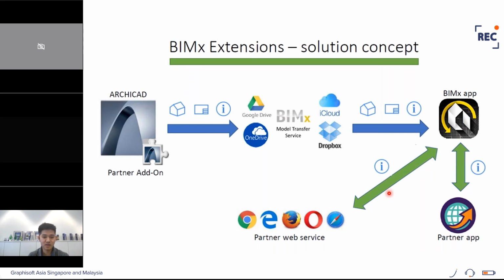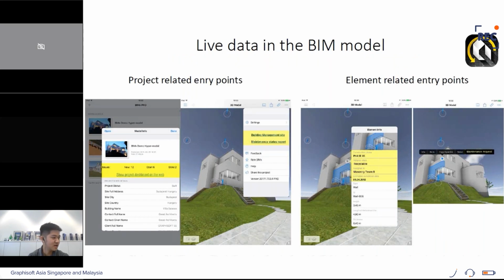It can communicate with your third-party web service and your third-party app to give more functionality and capability to your already very useful BIMx app. Here is a sample of how it will look after you have your API installed in your BIMx app. You will have different panels like this, or items added into your BIMx app.